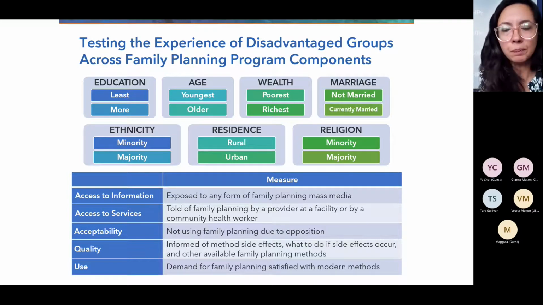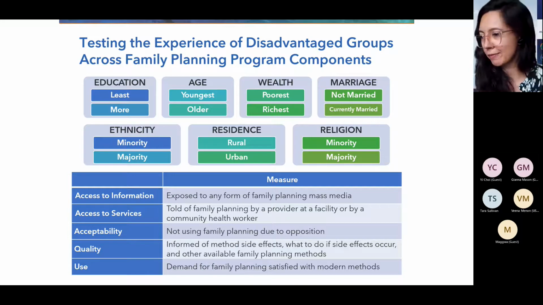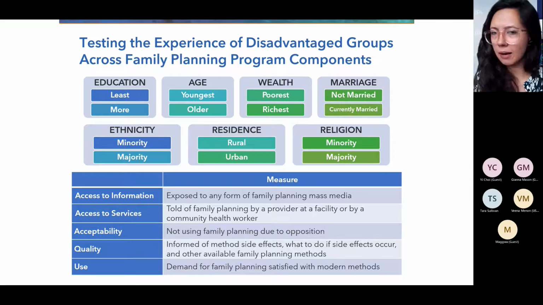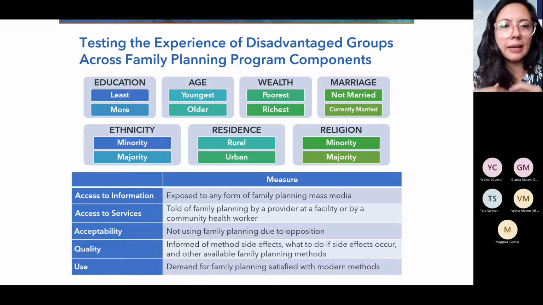So that's the who. Now, what is the what in family planning? We've thought about not only looking at family planning outcomes, family planning use, uptake, unmet need, but we really wanted to try to understand what happens across the spectrum. So we used AAAQ as the proxy for coming up with measures of family planning, the what in this case.